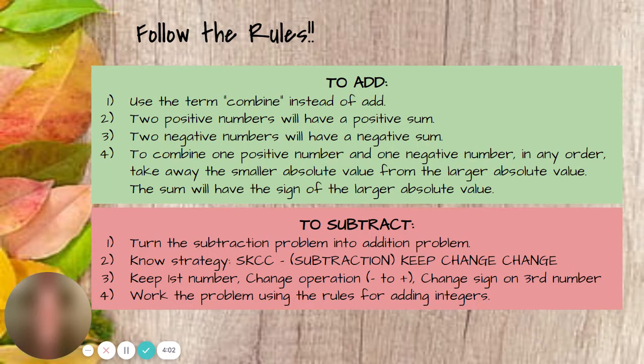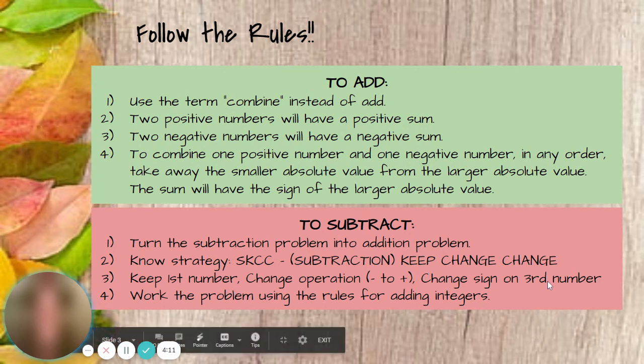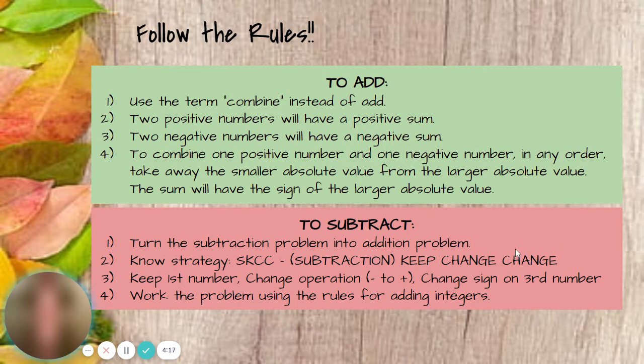You're going to keep the first number, change the sign, and then change the sign on the second number. It's the third thing that you'll do, but it's actually the second number. Then you work the problem using the rules for adding integers. So once you do your keep, change, change, you just go straight into how you do it for adding or combining.